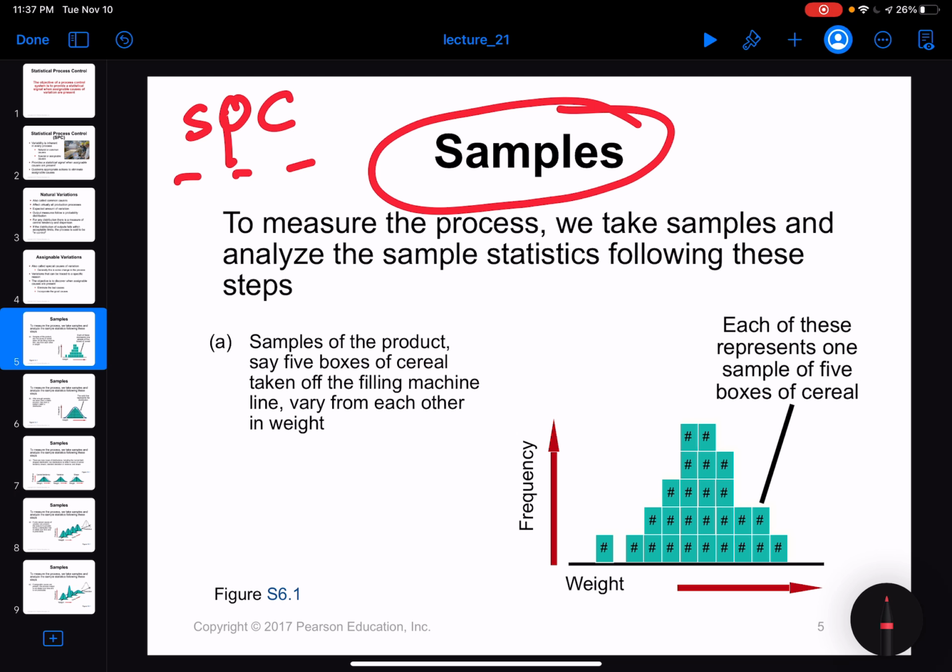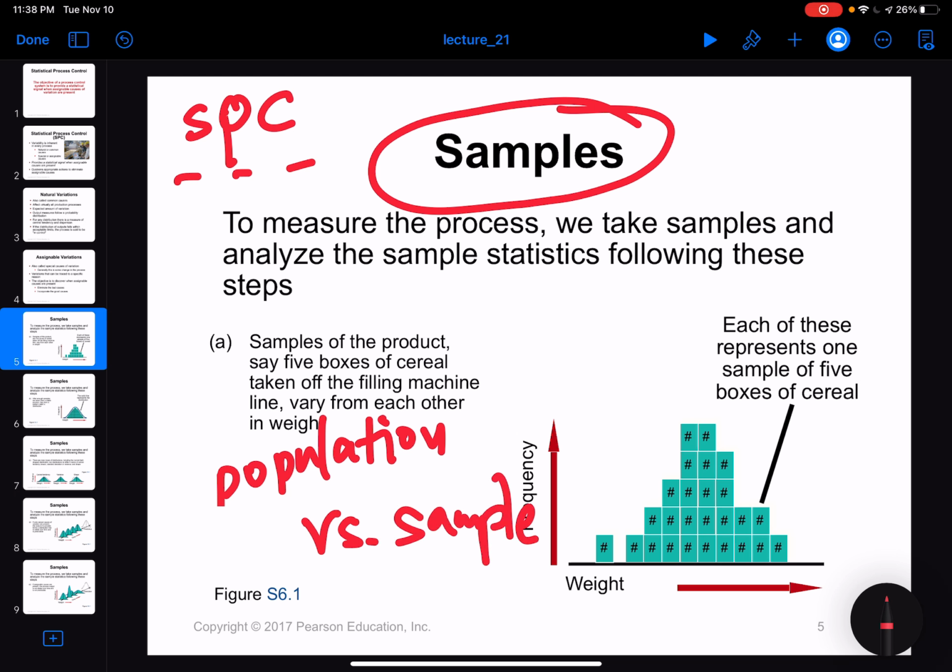Everybody understands what a sample is: population means everyone, and sample means a small but representative set of units used to project what is happening in the population.